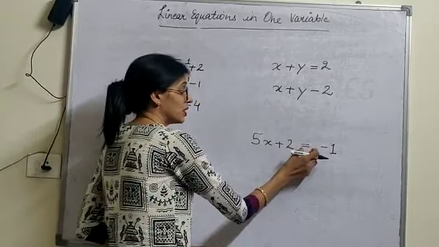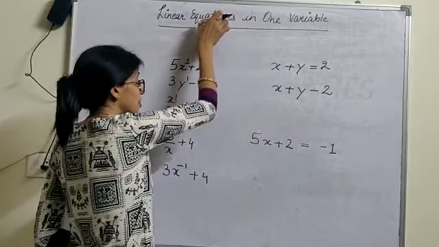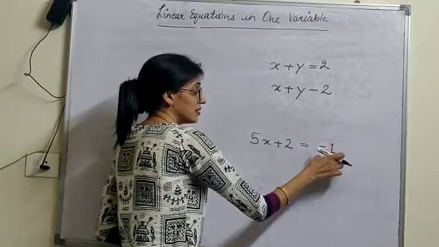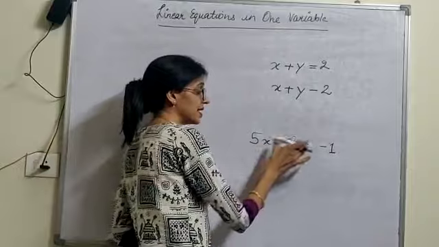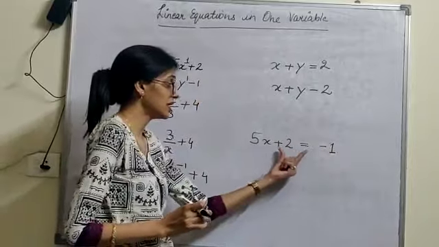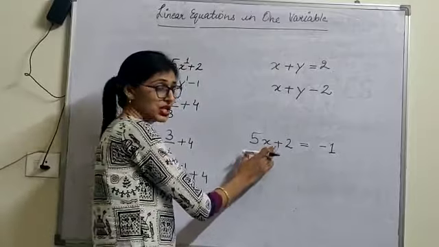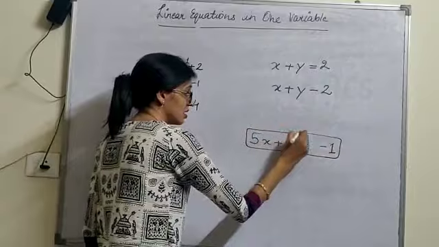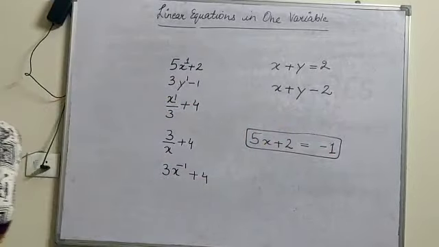So we convert this expression into a linear equation. Equation means here we equate a value. Okay? So whenever I equate an expression, this becomes a linear equation. Now this is not only an expression, this is a linear equation.